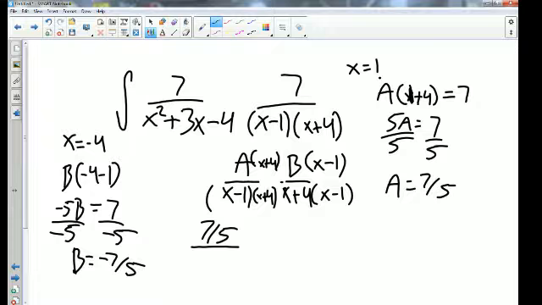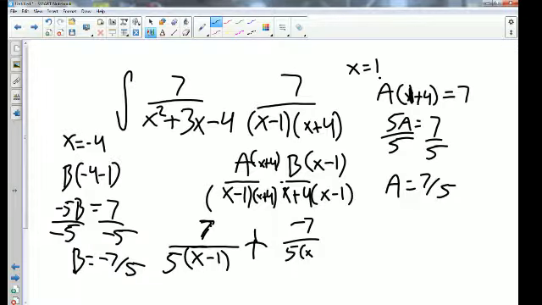You don't worry about the common denominator anymore since you already found A. And you add whatever B is, which is -7 over 5 times x plus 4. And then you integrate both of these.